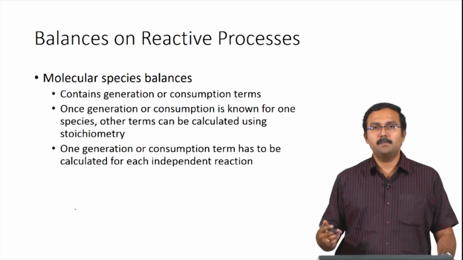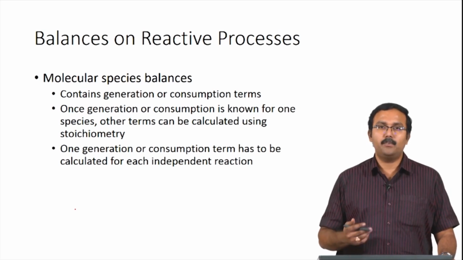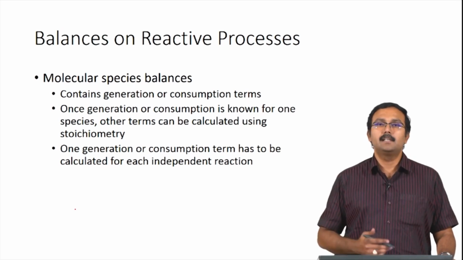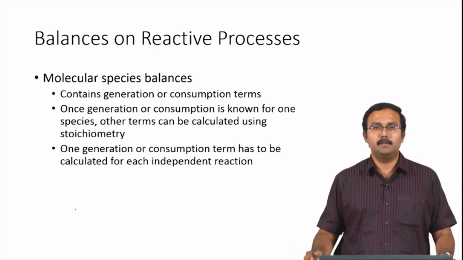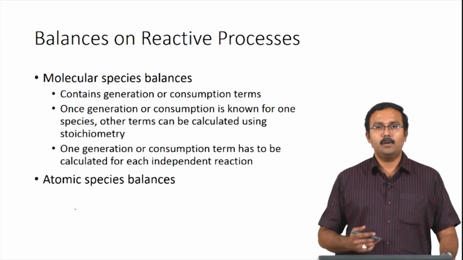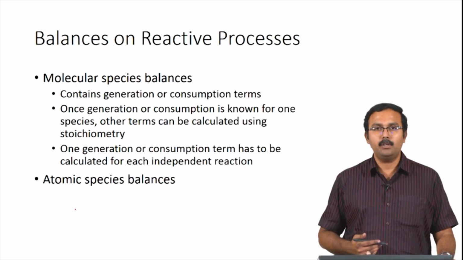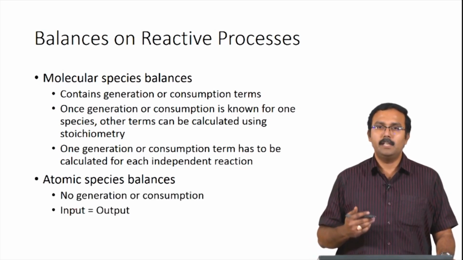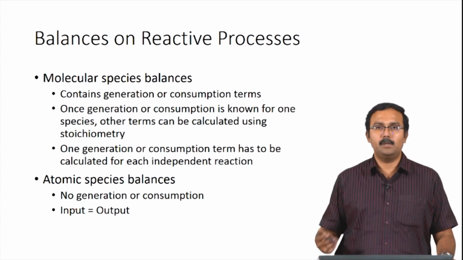One generation or consumption term has to be calculated for each independent reaction, only then we will be able to calculate the consumption and generation for each of the terms. We also can write atomic species balance, which is the second type of balances which we wrote. Here we do not have a generation or consumption term, so the equation simplifies to input equals output.